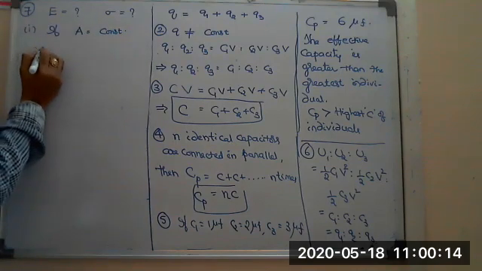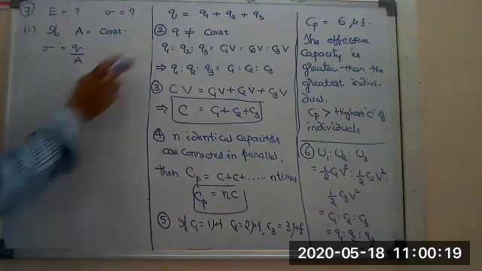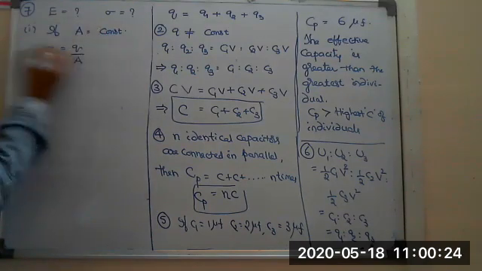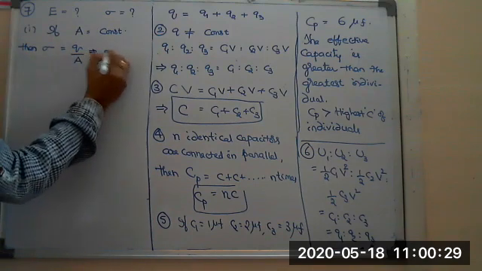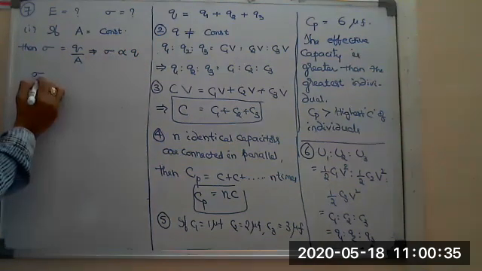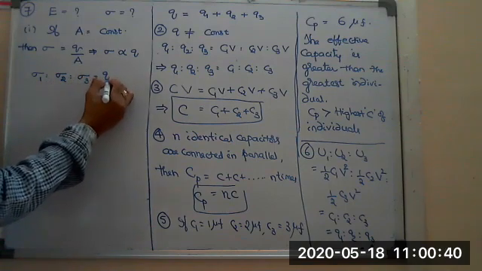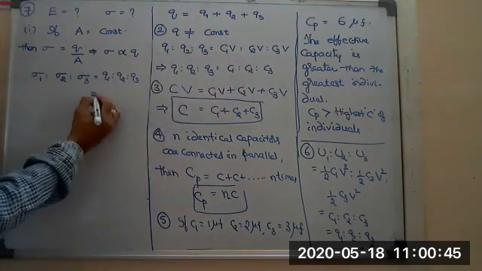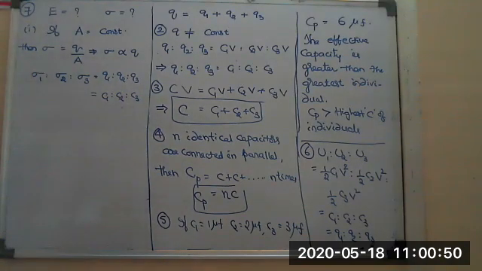A is constant means sigma is equal to Q by A. Here Q is not constant, so since A is constant, sigma is directly proportional to Q. That implies sigma 1 is to sigma 2 is to sigma 3 equals Q1 is to Q2 is to Q3, which equals C1 is to C2 is to C3. That is the sigma ratio.